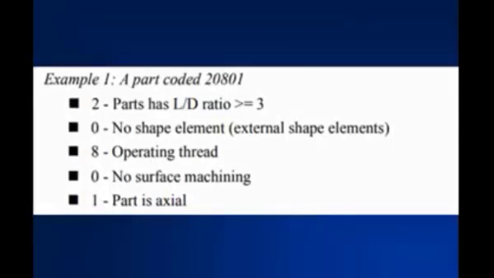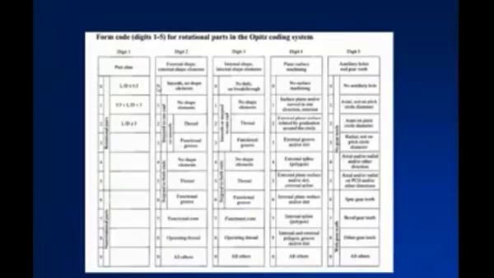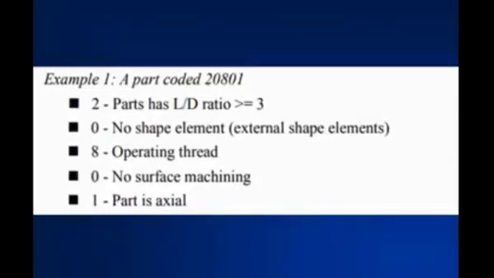Similarly, 0 is no shape element, the external shape element, the second. So digit 2 is 0, so there is no shape element. And similarly, 8 is the operating thread, 0 is no surface machining, and 1 is the part is axial. So in this way, the coding is done to identify the part families.